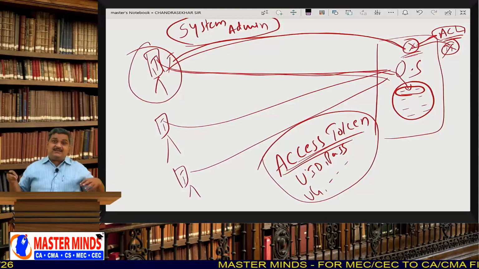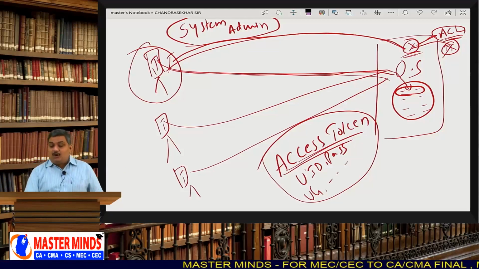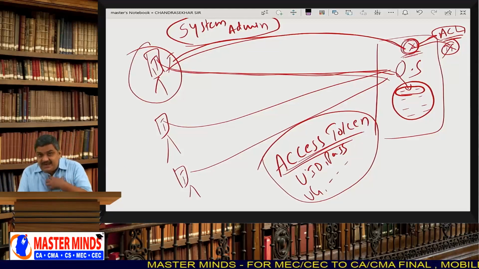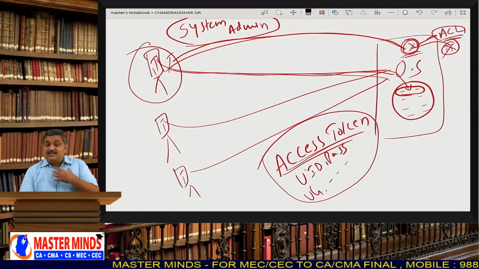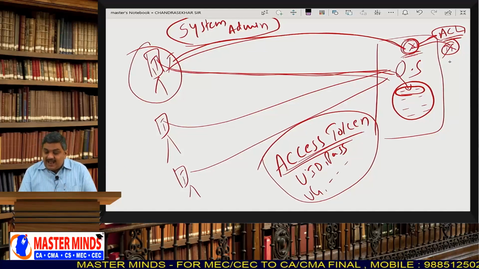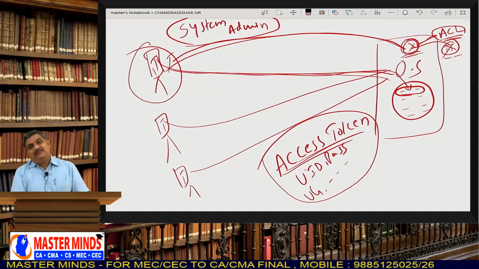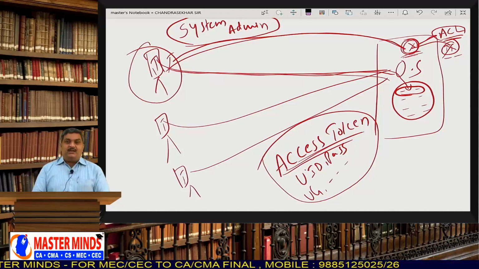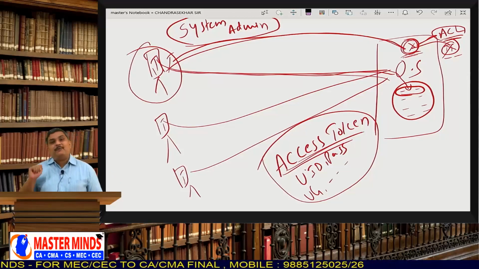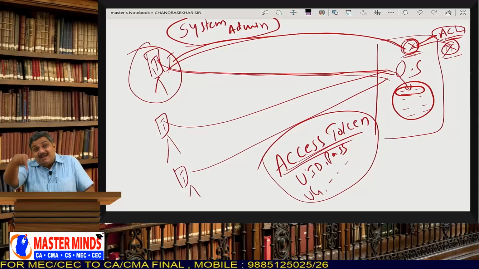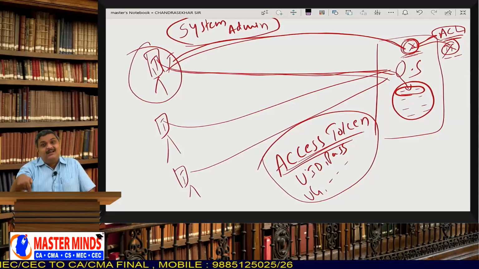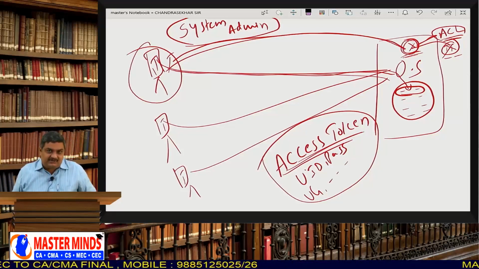And if he feels that that particular file called X is required by me, then he will add my user ID to that access control list. And now from my terminal, from my computer, I can open that file because my user ID is added into that access control list.